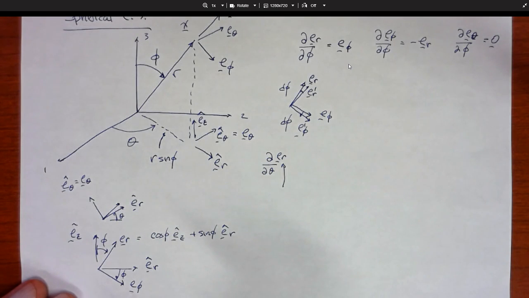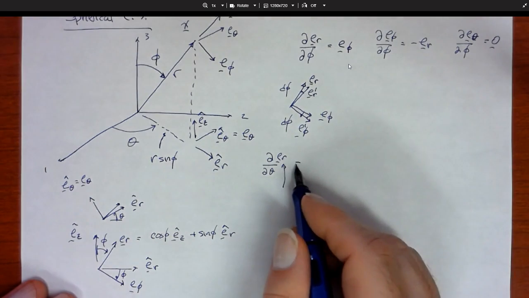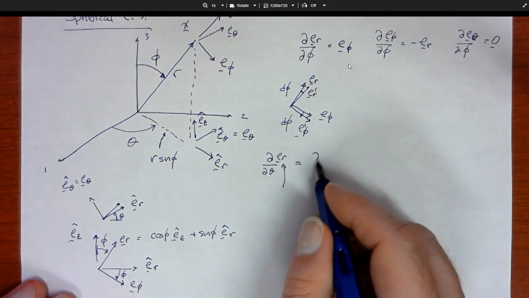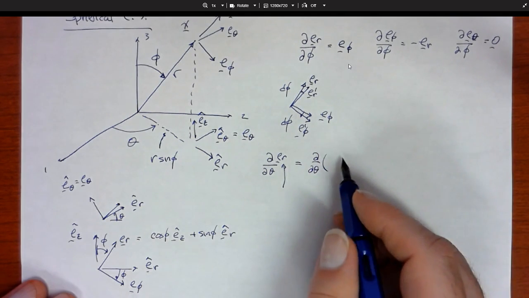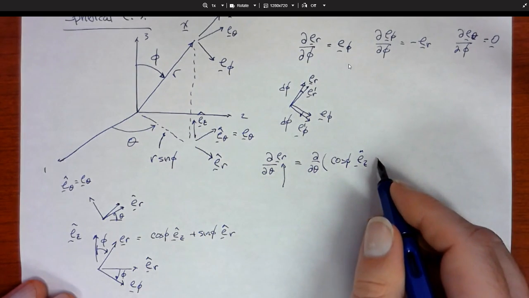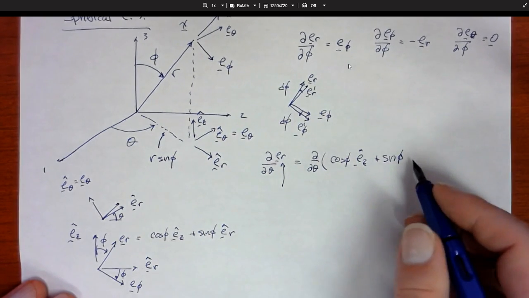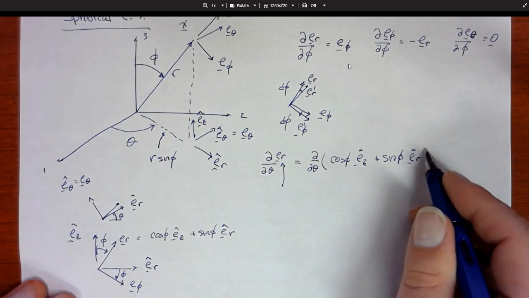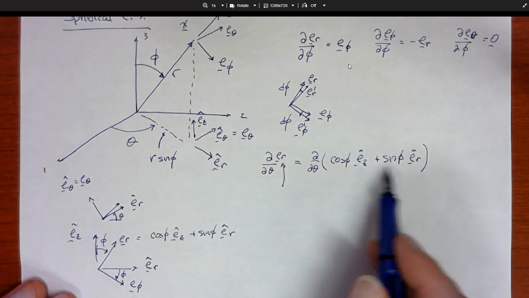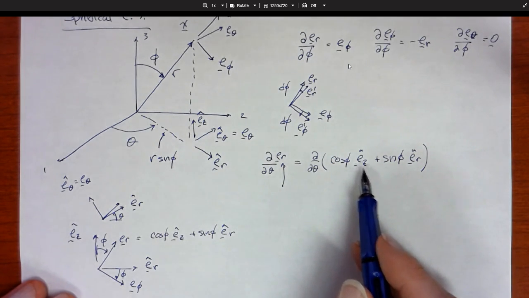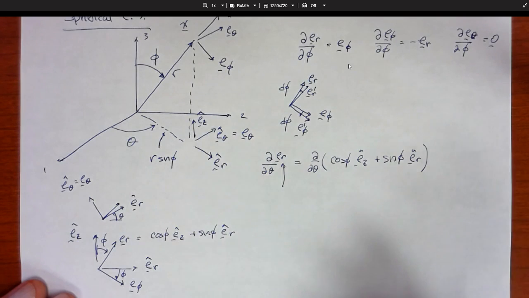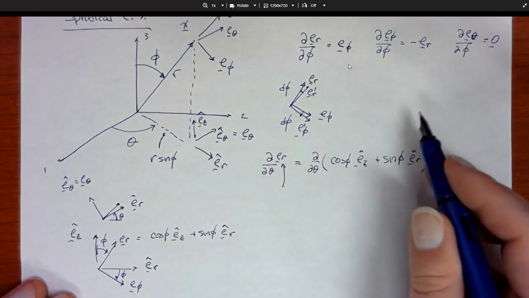And so if I put that in here, this is just going to become the partial derivative with respect to theta of cosine phi EZ hat plus sine phi ER hat. Now, cosine of phi doesn't depend upon theta, nor does sine phi, so those won't do anything. If we change theta, EZ still stays in the same direction, so this whole term will go to 0.